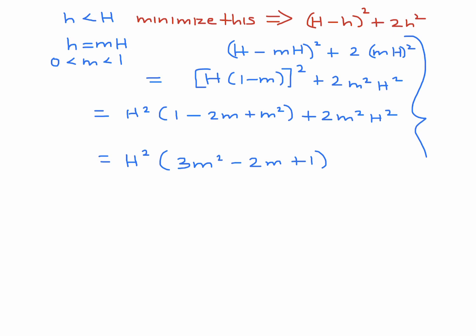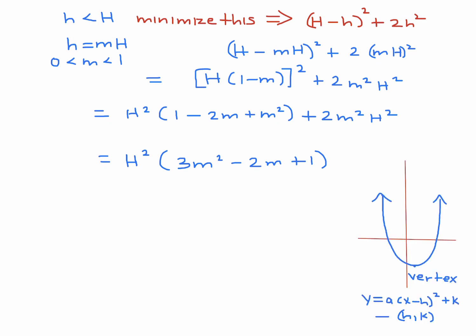And this, what I just did, in my opinion, is the heart of the question. This allows you to minimize this. Remember, H is fixed, so if I can minimize this, I'm done. Notice that this is the equation of a parabola, and because the coefficient of m squared is positive, it's a parabola that points up like that.